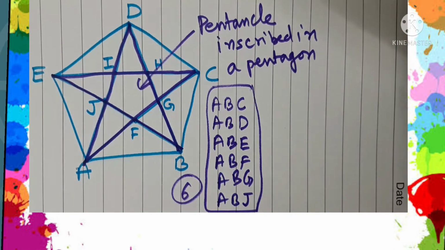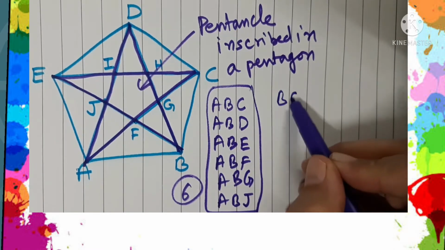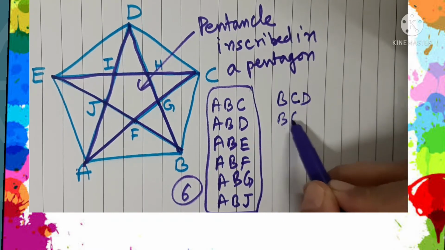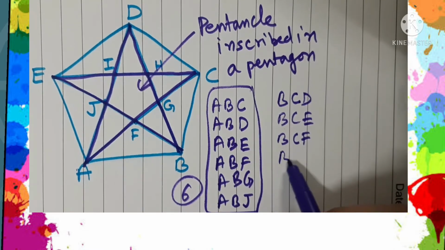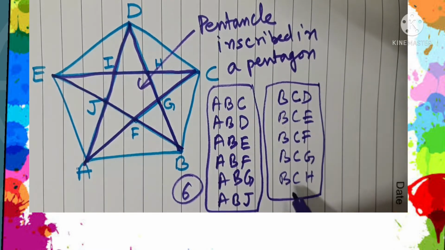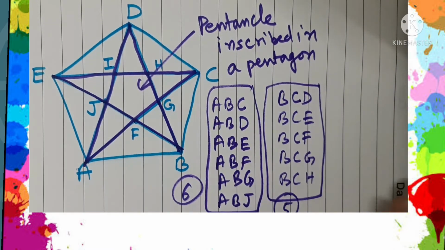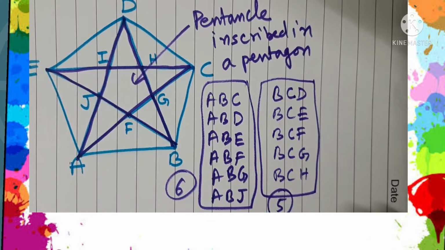Now we try to see with the base BC. So this is BCD, BCE, then BCF, BCG, and BCH. So we see there are 5 such triangles. Now let us see with the base CD.